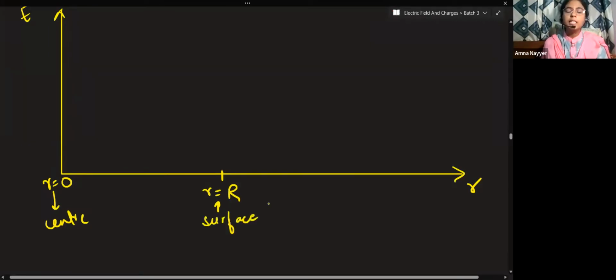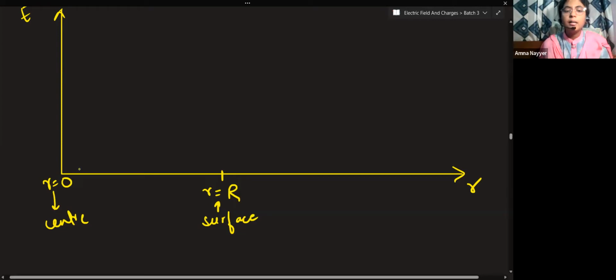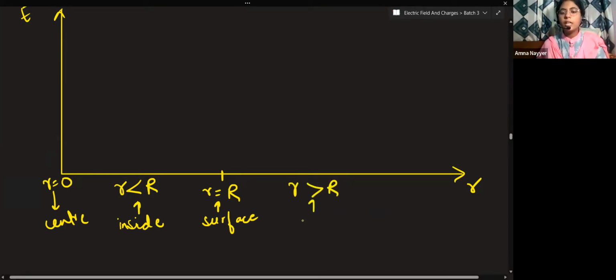From the center of the sphere to the surface, all the space we call inside, where small r is less than capital R. Then at the surface. And any point beyond the surface is outside, where the Gaussian surface radius is greater than the radius of the sphere.